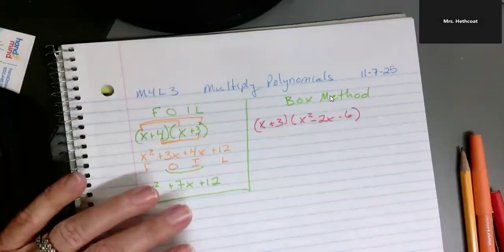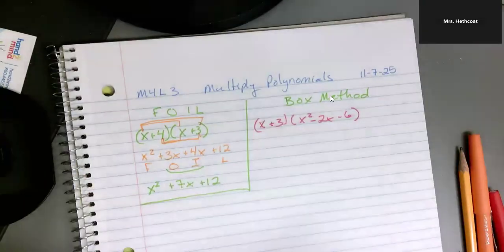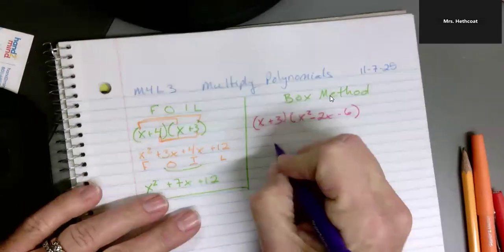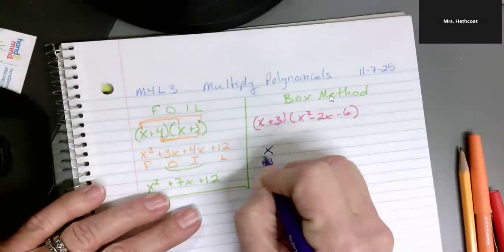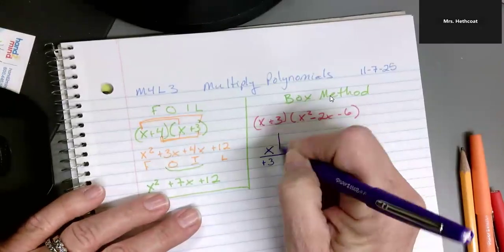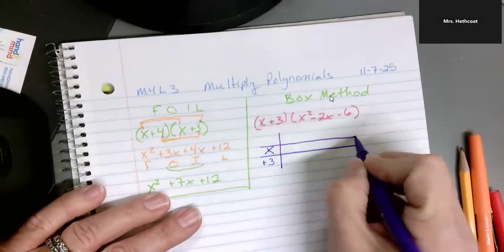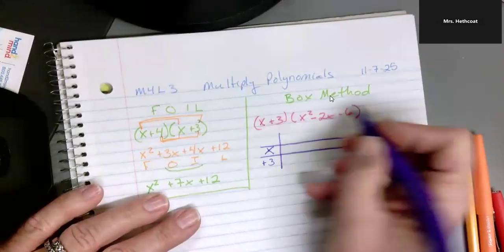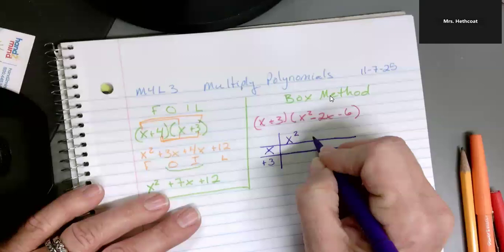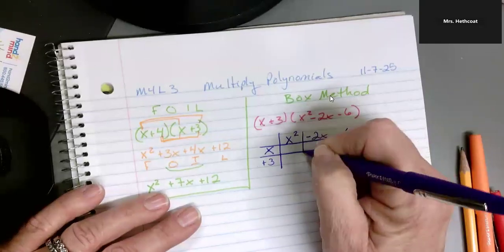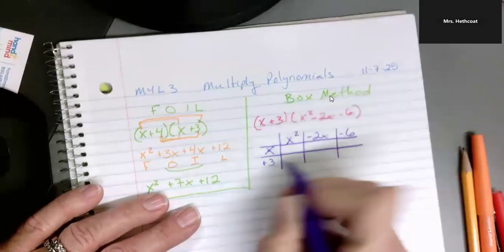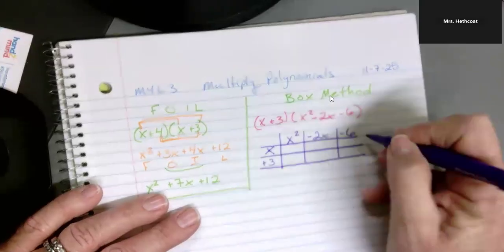So when I set up my box, I'm going to just do x plus 3. And then I'll write the second polynomial on the top, x squared minus 2x minus 6. I do try to give myself a little space so that I have room to write what I've multiplied to get.